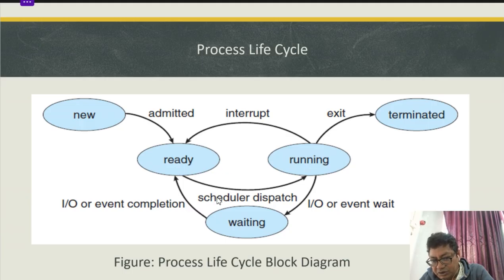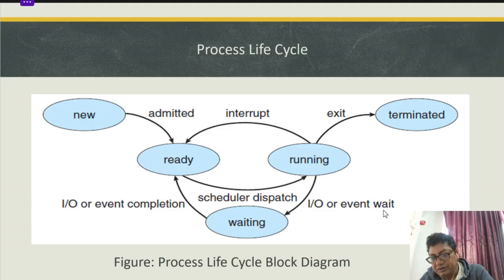I'm not telling about the scheduler, dispatch, and interrupt. I will discuss later. It is just simply going from ready to running. In running condition, if any IO is required, IO means input output from the keyboard, the value of A or value of B or anything, then it just goes to the waiting state.